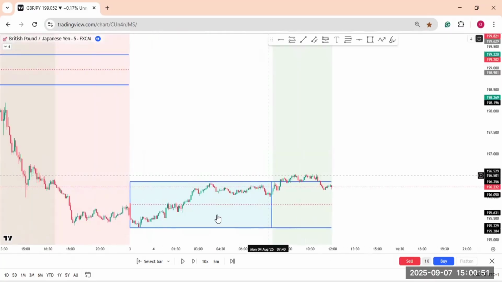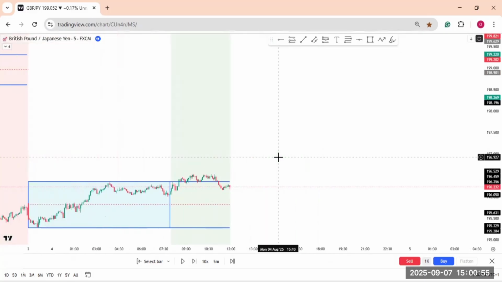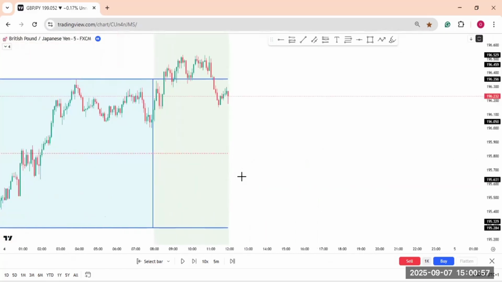So over here we can see that we have a change of character here. Let me enlarge it a bit for you. So you can see the price came up, cleared this Asian range. We now have price pushing up like this, and we have a change of character.